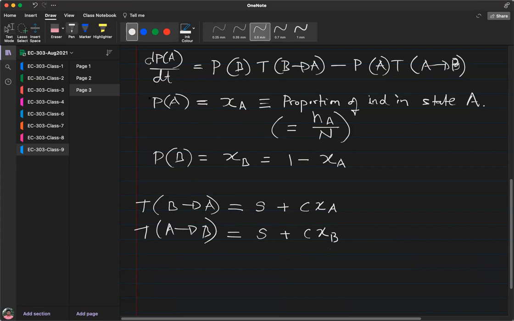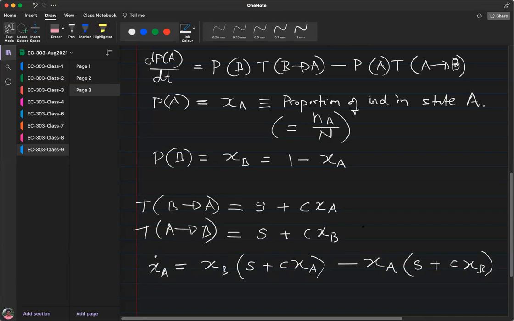Once I have done this, I can write down the full equation, the master equation. That gives dXA/dt equals XB times (S plus C XA), which is the term T B to A, minus XA times (S plus C XB).